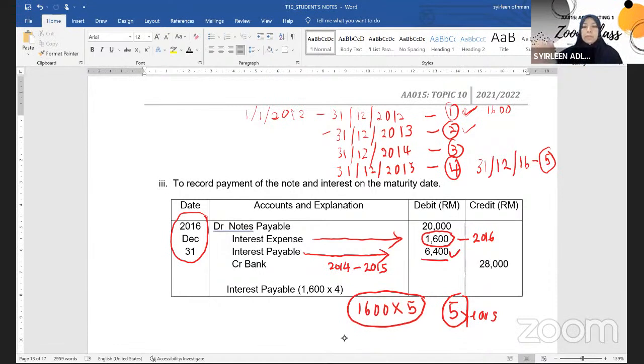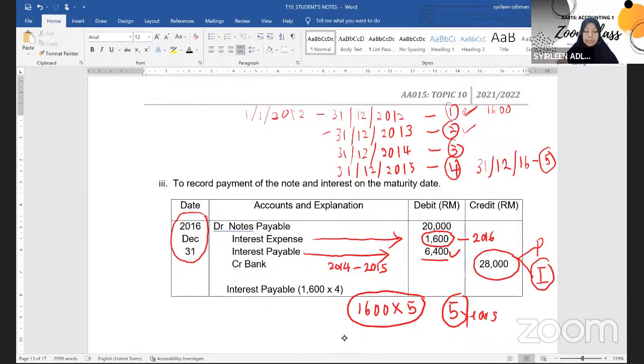So daripada 28,000 yang kita bayar ni, we are actually paying for the principal and we are actually paying for the interest as well. Tetapi interest ni kita ada 1 tahun interest tahun semasa dan 4 tahun adalah interest daripada tahun 2012 hingga tahun 2015.